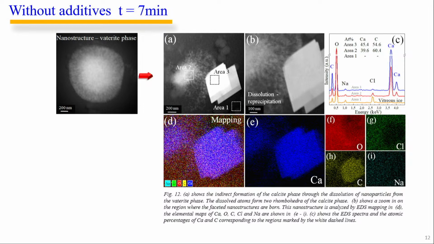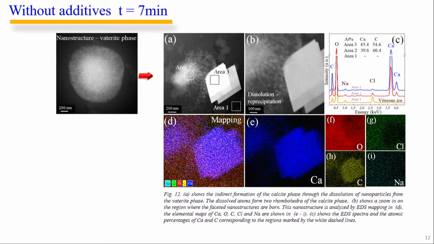Still at 7 minutes, in the sample, we show the indirect formation of the calcite phase through the dissolution of nanoparticles from the vaterite phase, the dissolution atoms forming rhombohedra of the calcite phase. Shown is a zoom in on the region where the faceted nanostructures are born.